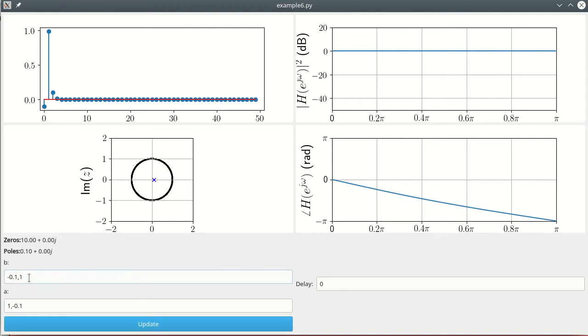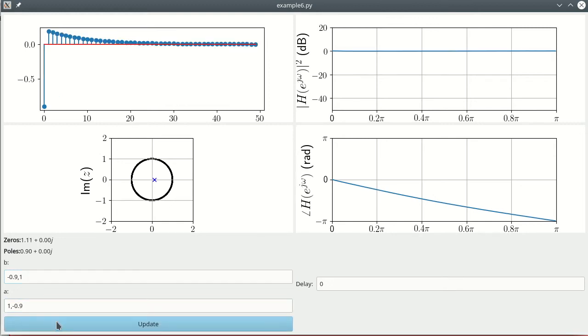It has a slightly curved way of going towards. If I make it, let's say, -0.9, it has a curved way of going towards 0. Notice that all of these have the same magnitude response but different phase responses.